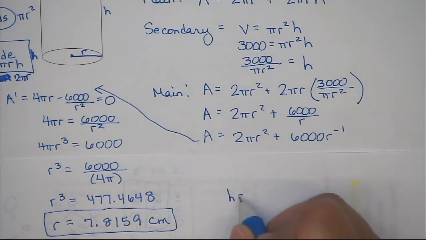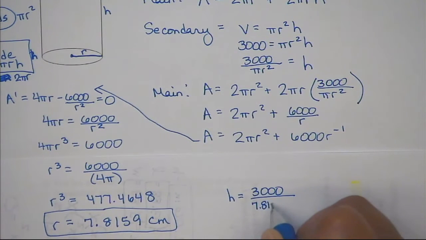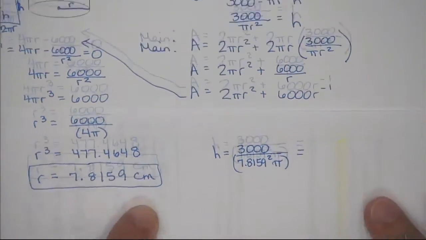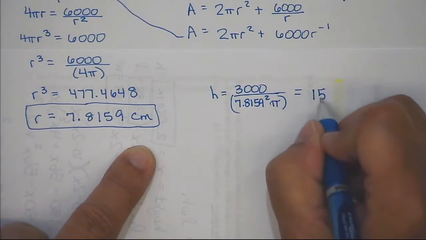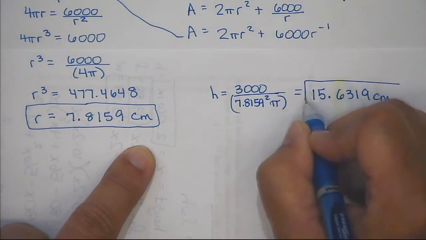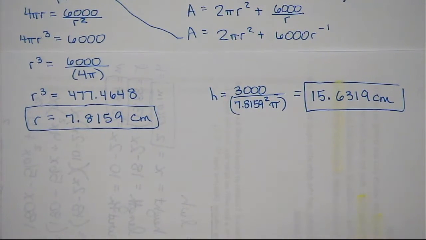Okay? So your height is 3,000 divided by 7.8159 squared times pi. So make sure you do that correctly in your calculator, and you should end up with 15.631. So there's your height.